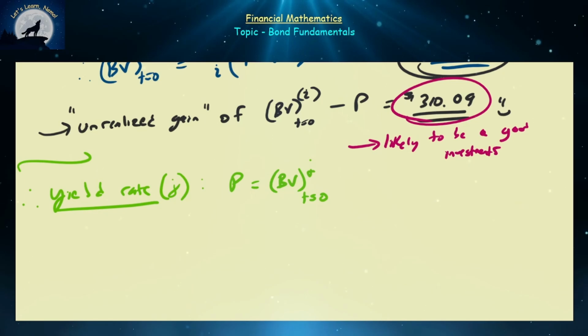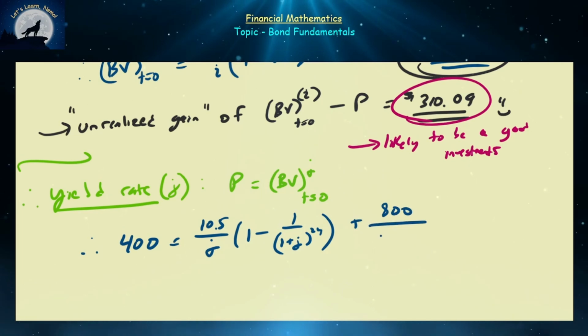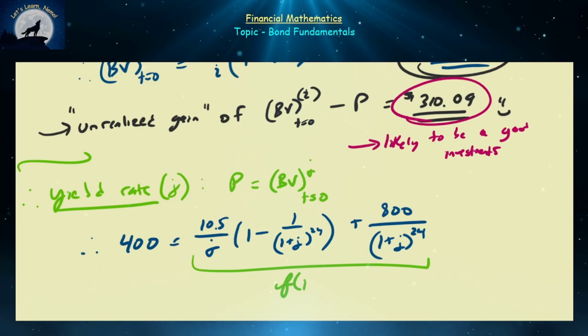So the equation we seek to solve is 400 equal to 10.5 divided by J times 1 minus 1 over 1 plus J to the power of 24, plus 800 divided by 1 plus J to the power of 24.